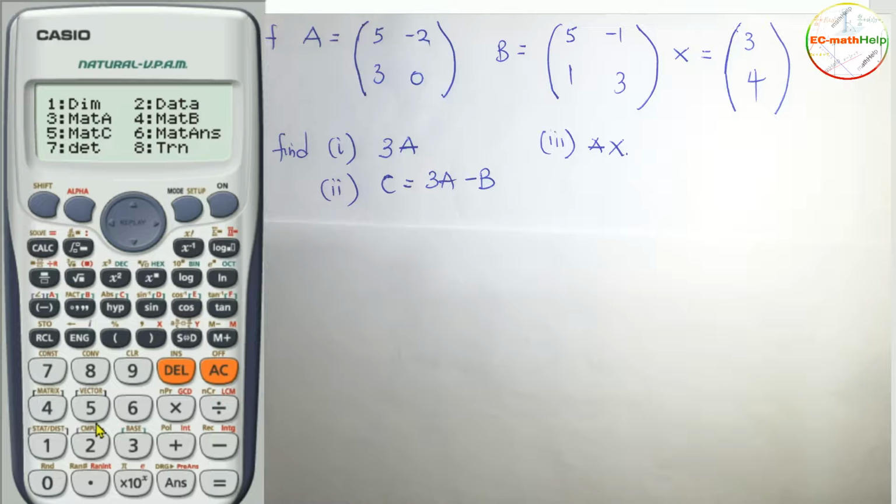Then we say matrix A, we enter the value of matrix A into Mat A. But before that, let's check and see if our values are in the matrix A that we inputted. So true, our values exist in matrix A. Likewise, our values would also exist in matrix B, which contains the vector x.